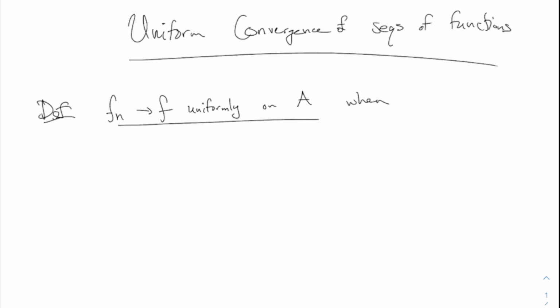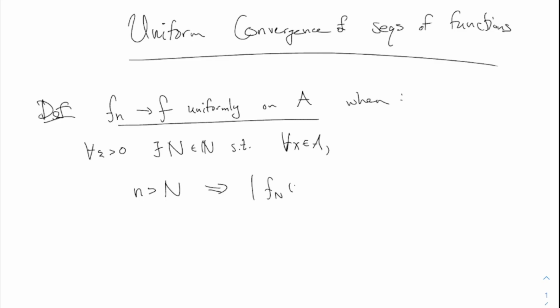The sequence of functions converges uniformly on some set when, for all epsilon greater than 0 there exists big N, a natural number, such that for all x in A, n greater than the big N implies |Fn(x) - f(x)| < epsilon.